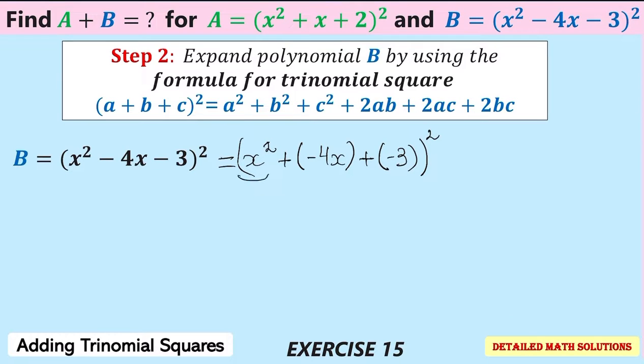This way, x squared corresponds to the a in the formula, negative 4x corresponds to the b, and negative 3 corresponds to the c in the formula.